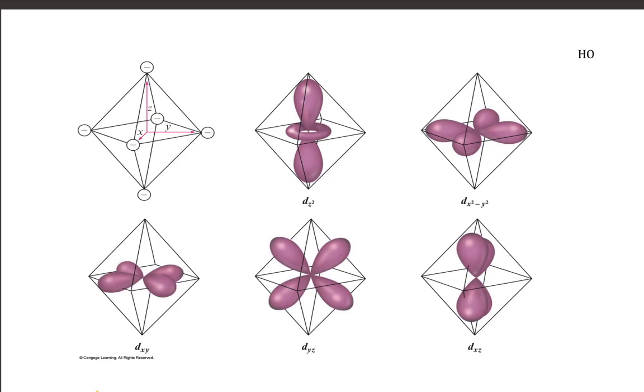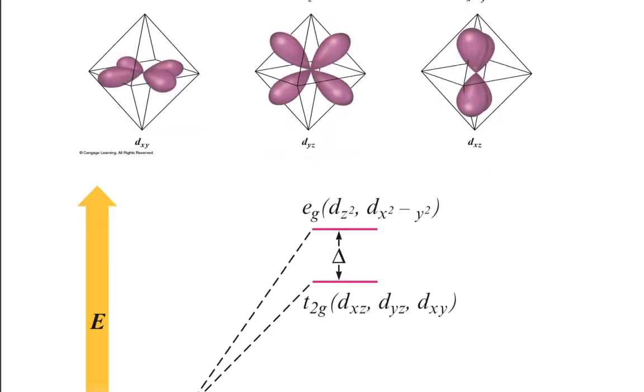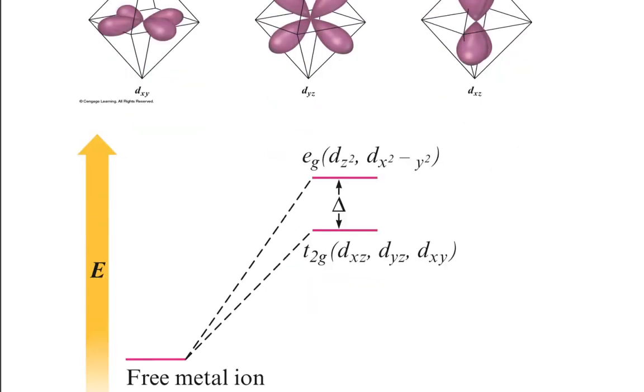They're going to affect the dz squared atomic orbital a lot. They're going to affect the dx squared minus y squared atomic orbital a lot because they're coming in right where those have lobes. And what that does is it takes the d atomic orbitals, which prior to this complex forming are all degenerate, they all have equal energy, and it splits them.